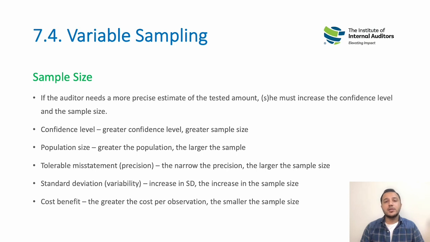Cost benefit analysis is also important, because getting and reviewing that data might be costly and time consuming. The benefit should always outweigh the cost of obtaining and reviewing that data.